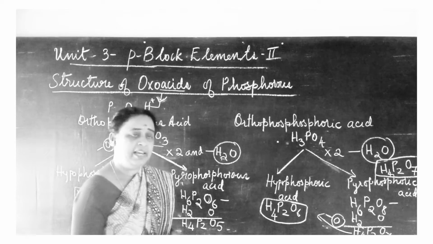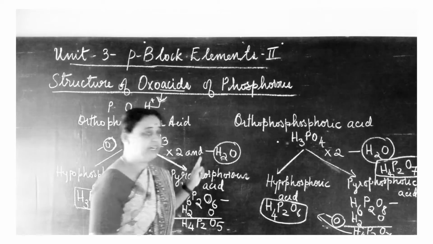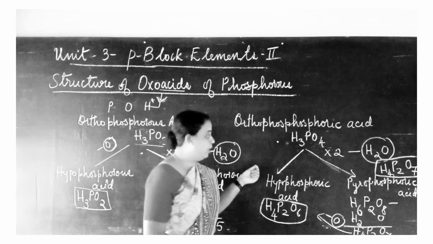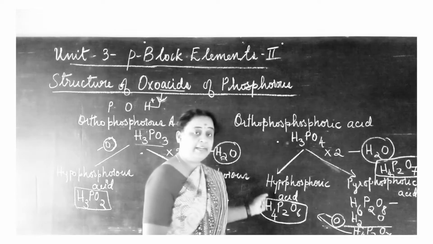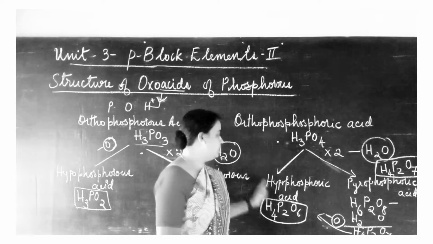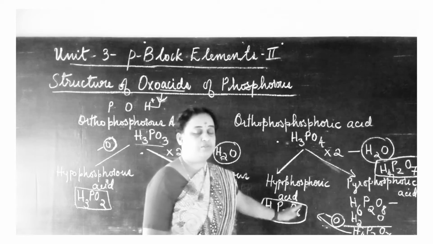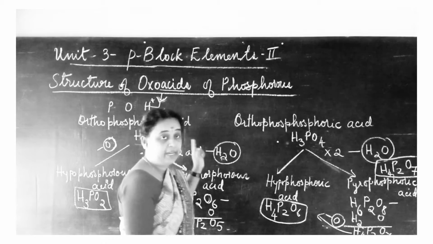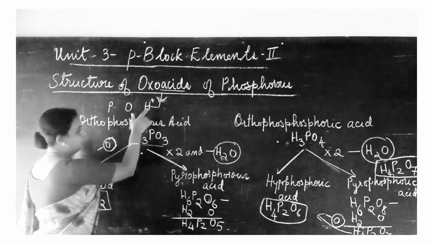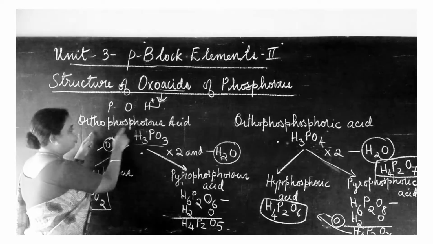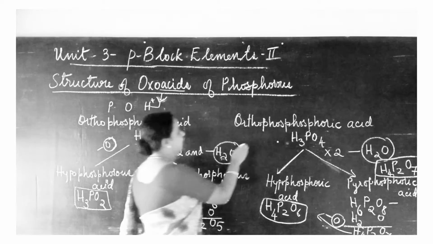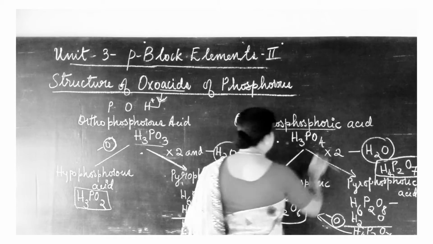Okay, is it simple? Yes, it is simple, provided you know these fundamental ideas. If you understand, then easily you can write the formula for these oxoacids of phosphorus. Okay, so I repeat once again. Oxoacids of phosphorus I am categorizing into two. One category is orthophosphorus acid and another category is orthophosphoric acid.